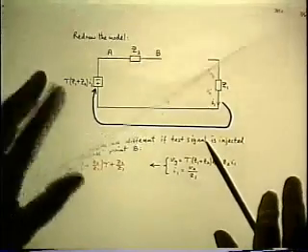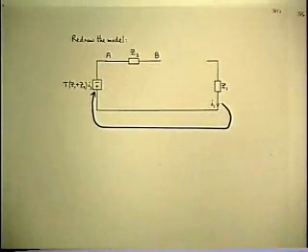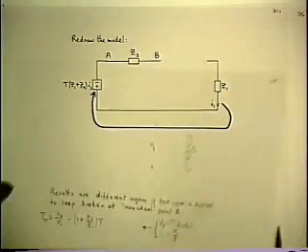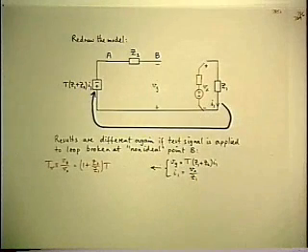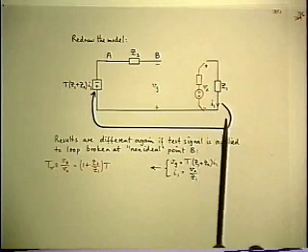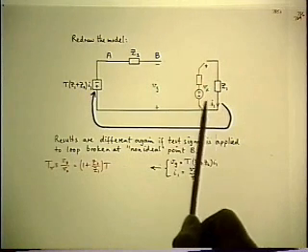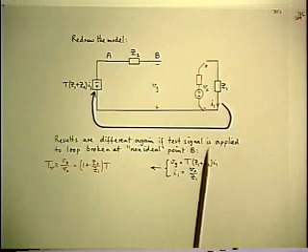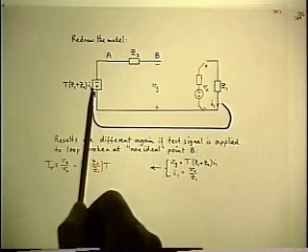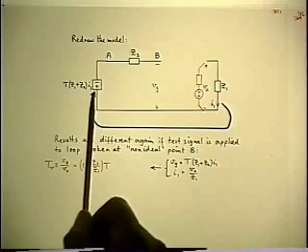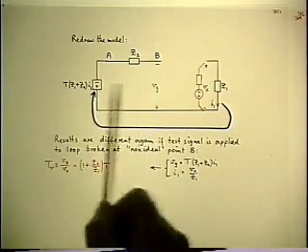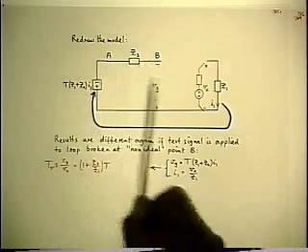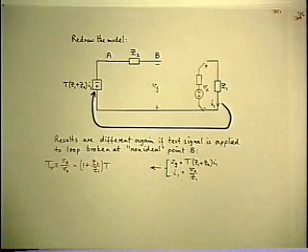So let's see what happens if you break the loop at a non-ideal point and apply the test signal. So that's sort of back to the original method. Okay. Vx appears across Z1. I1 is Vx over Z1. That activates this generator. You multiply it out. And this time that generator is equal to Vy because there's no drop in Z2 because you've broken the loop.